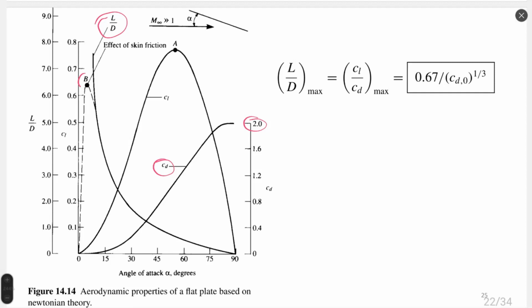applications, we have a point B, which you can see here, and this is giving us a limited value of lift to drag ratio at some very small angle of attack. Let me try to make a straight line.